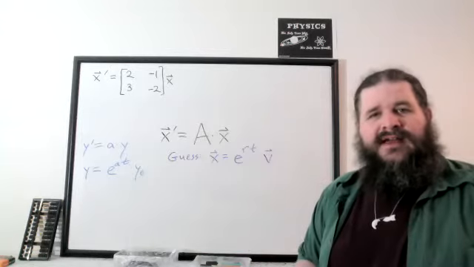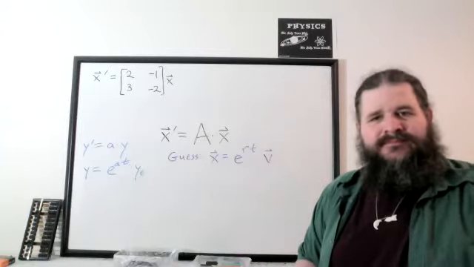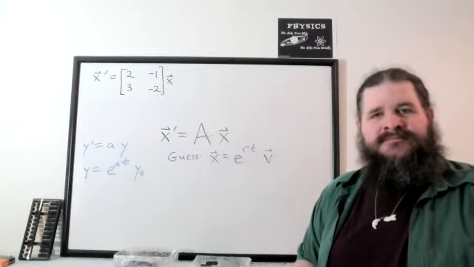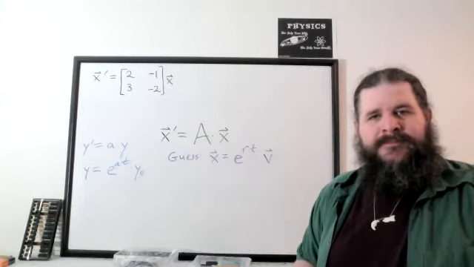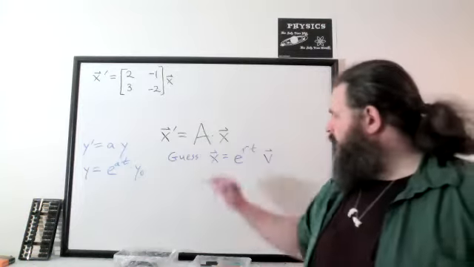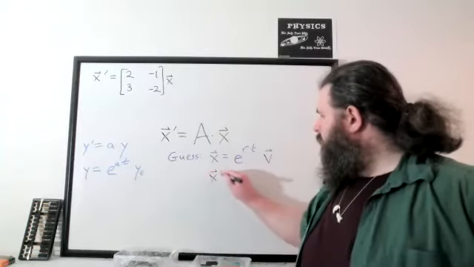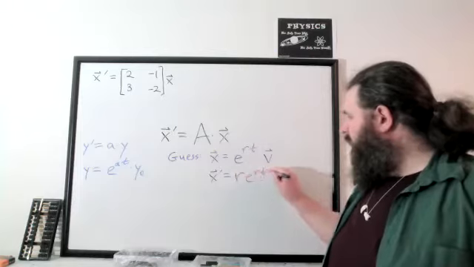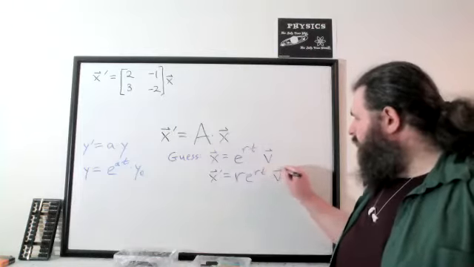And how do we check if that guess actually works or not? Find the derivative. Yeah, we need to find the derivative. e to the rt just becomes r e to the rt, and then v is a constant, so it's still just times v.